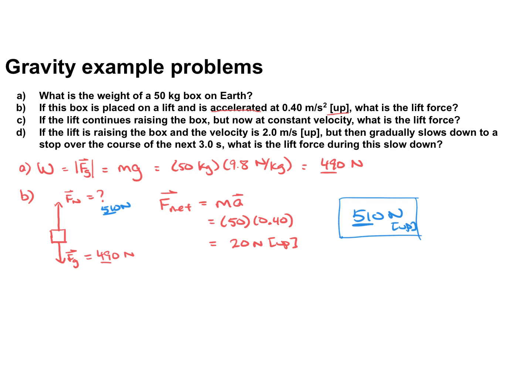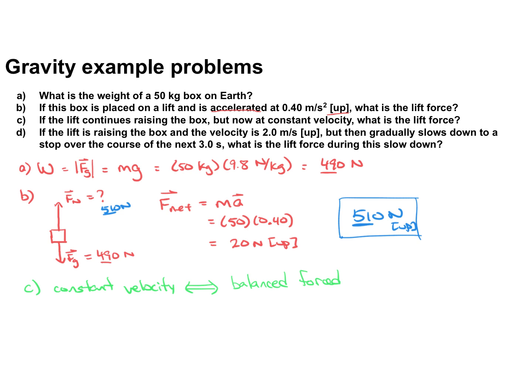If the lift continues raising the box, but now at a constant velocity, what is the lift force? So the key words here are constant velocity. And going back to Newton's first law, I really want you to emphasize that if an object is going at a constant velocity, the forces must be balanced.